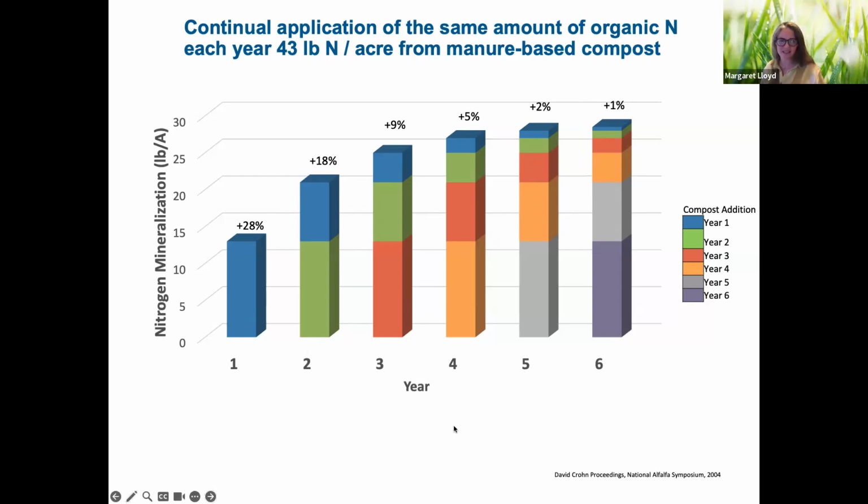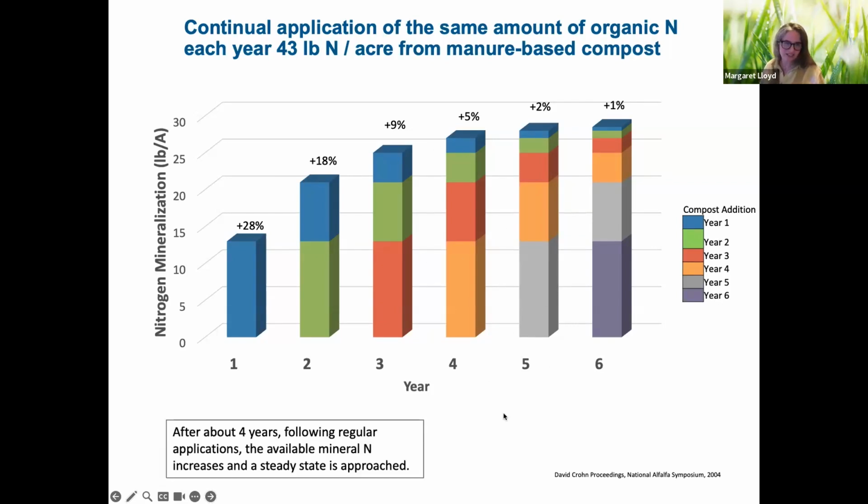The material that gets added has different structural components that make it more challenging or easier to decompose. And so some materials take years to become mineralized, whereas some are much more available. By year four, there's somewhat of a steady state achieved, at which the benefits of years of composting are accumulated.